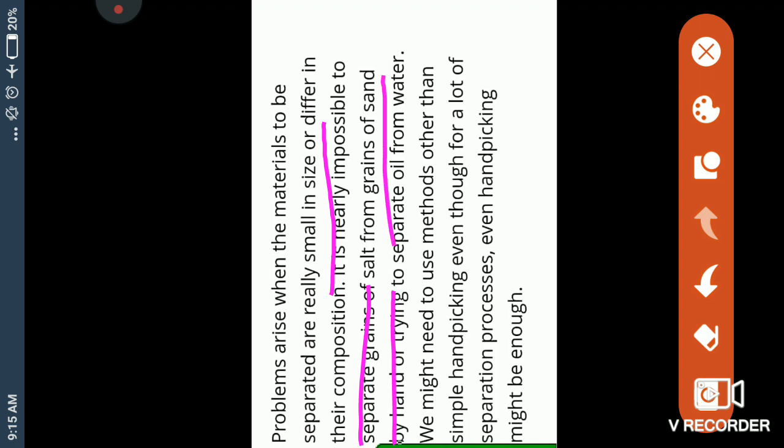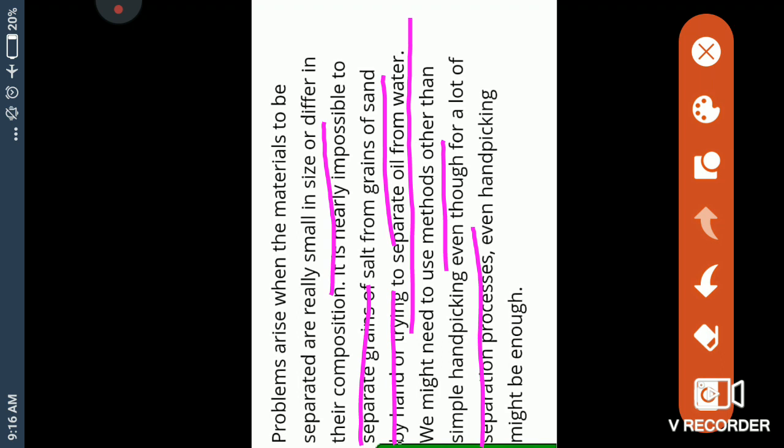If we add some very fine sandstone and some salt grains, it is very difficult to separate them from each other by hand. Or trying to separate oil from water is very difficult. So we need to use some methods other than simple hand picking.